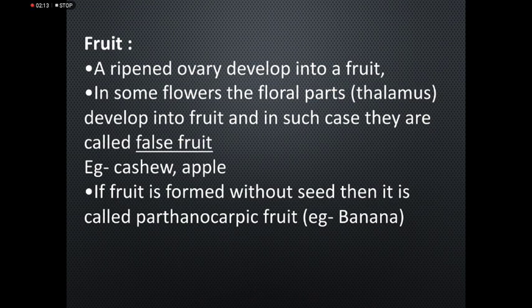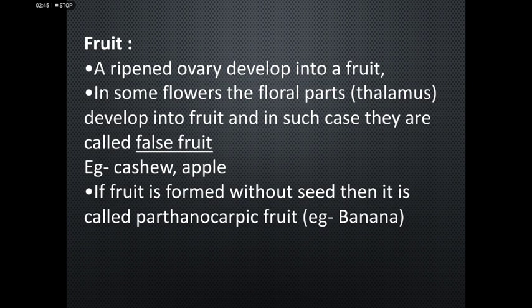Then we move to fruit. A ripened ovary develops into a fruit. In some flowers, the floral part, thalamus, develops into fruit, and in such cases, they are called false fruit. That means for seed, fertilization is necessary, but in the case of fruit, there is no need of fertilization.